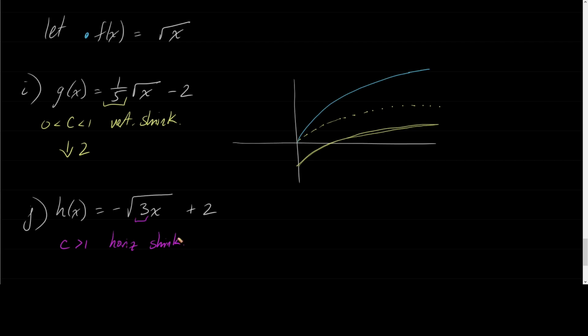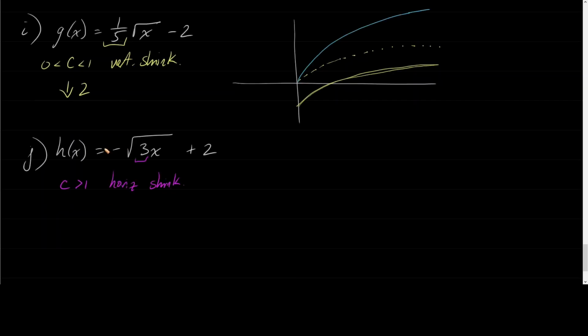And then we have this negative on the outside, which is a reflection over the x-axis, and then this plus 2 is moving upwards by 2.